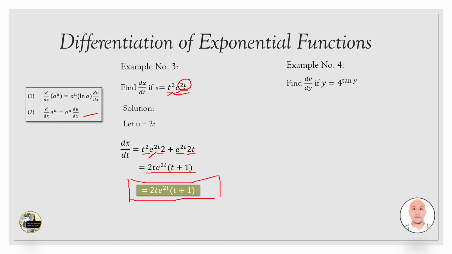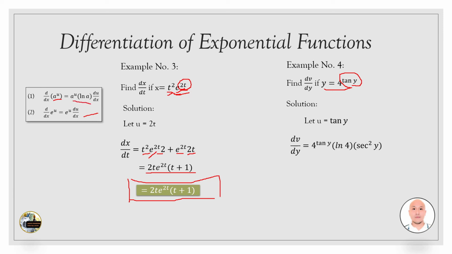For example number 4, find dv over dy if v is equal to 4 raised to tangent y. From our problem, the given is in a raised to u form, where our u is tangent y. Next, dv over dy equals 4 raised to tangent y.